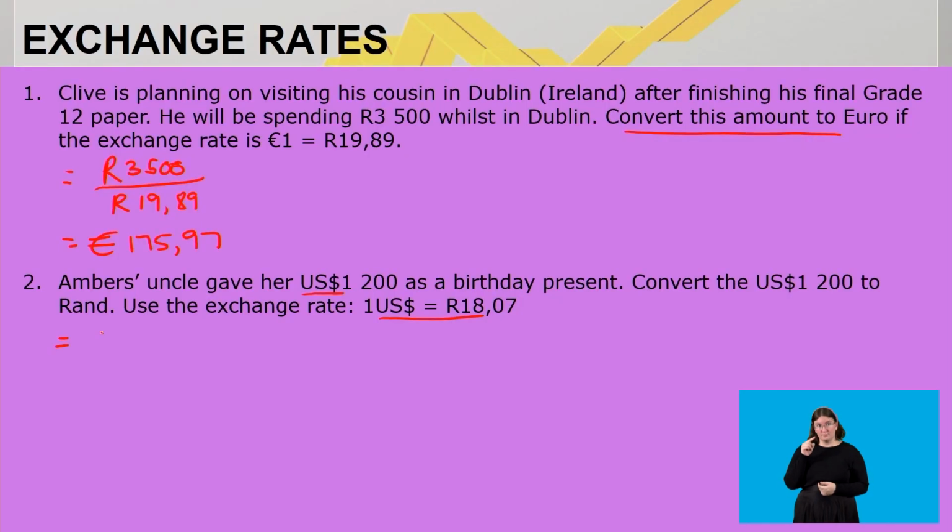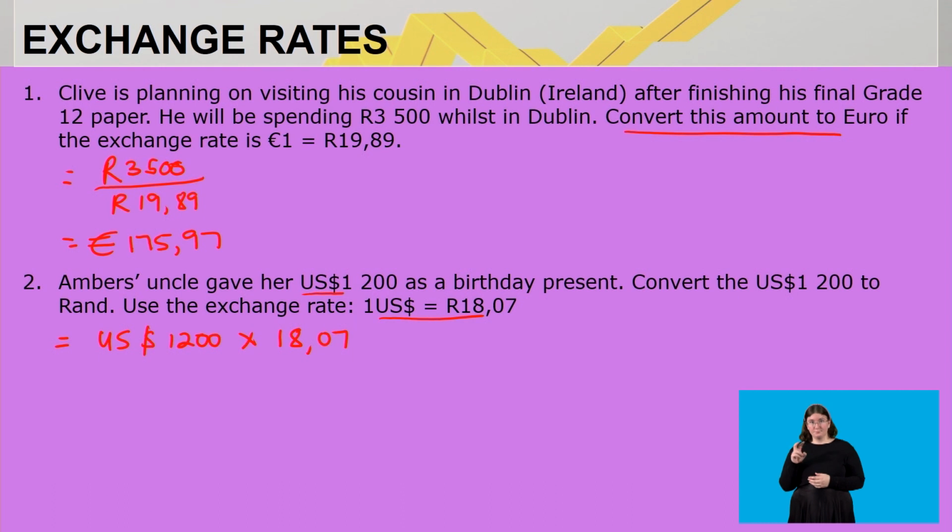And I want you, when we do this, to use your common sense and think in terms of real life. So therefore, I'll take the 1,200 US dollars and I multiply by the exchange rate here of 18.07, to see how much that will be worth in South African rand.